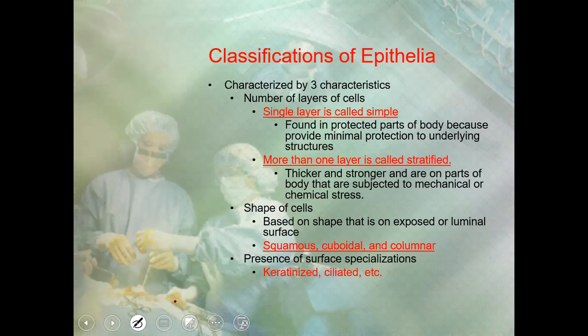What shape do you think the brick is going to be if I'm having a cuboidal? Cube shaped. How about columnar? Column shaped. So simple and stratified is referring to the number of layers of bricks in my wall. Squamous, cuboidal, and columnar are simply referring to the shape of the brick that I am using. Is everybody okay with that so far?